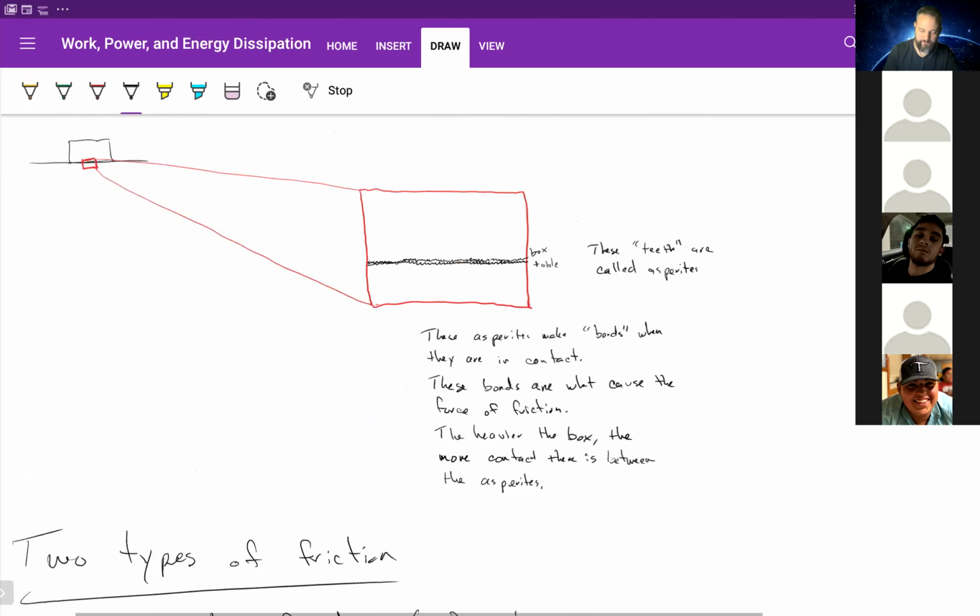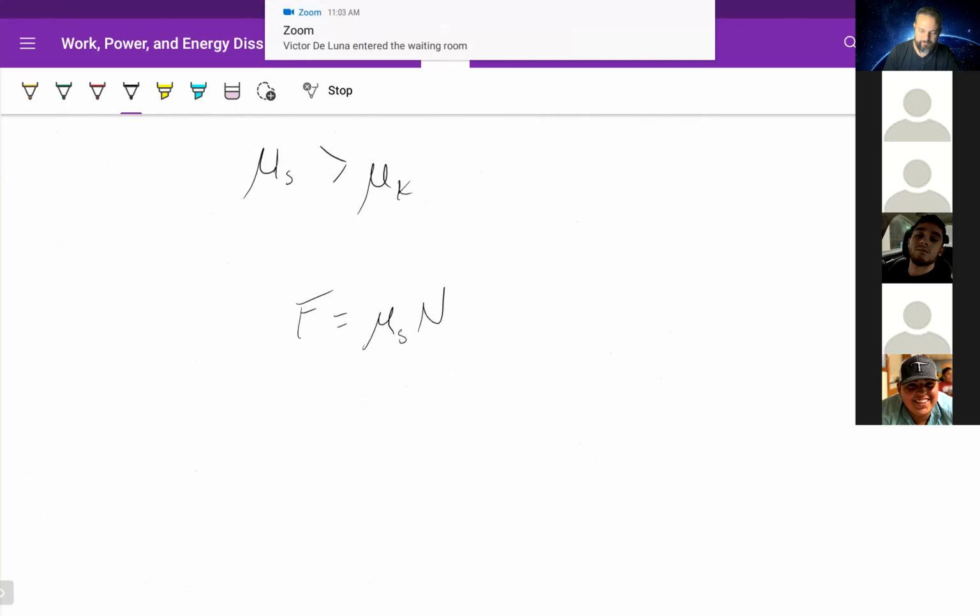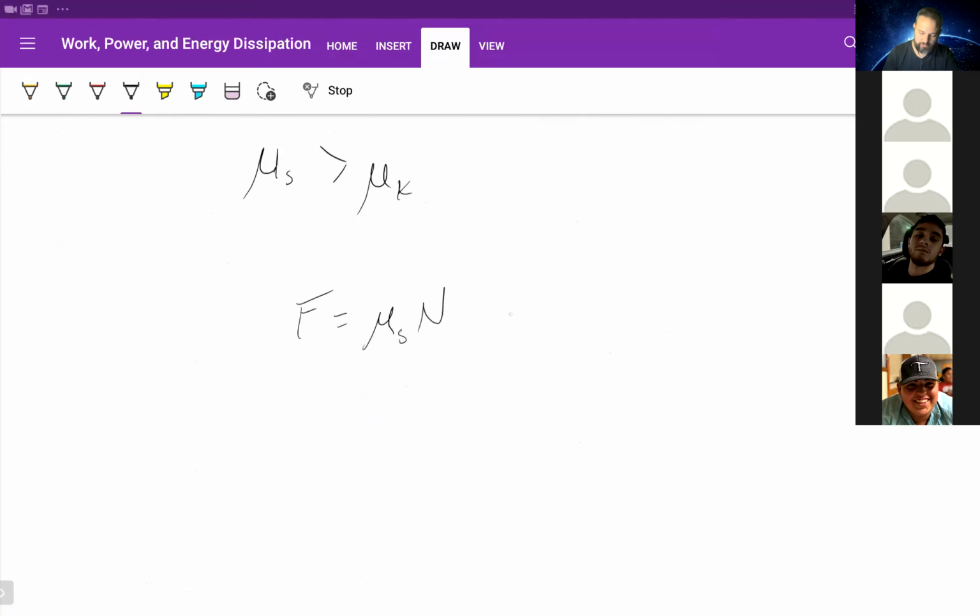The force of friction is equal to mu s times n, for static friction. When we use this equation, this is the max that static friction can be. So really, the frictional force will be less than or equal to mu s times n.